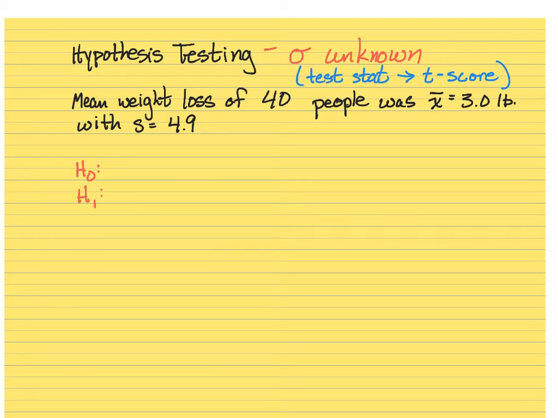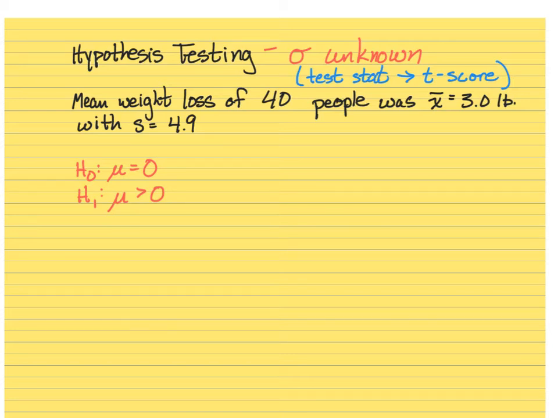The null hypothesis is that the mean weight loss is zero. In other words, the plan just does not work. The alternative is that the mean weight loss is greater than zero. That's what we're trying to test.